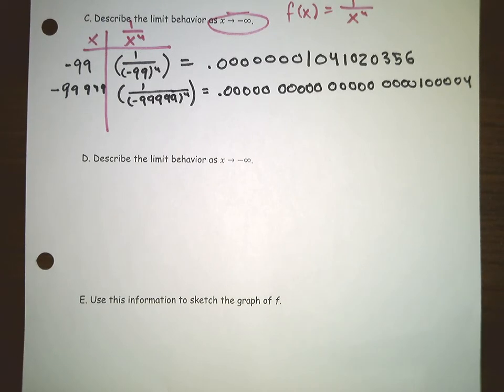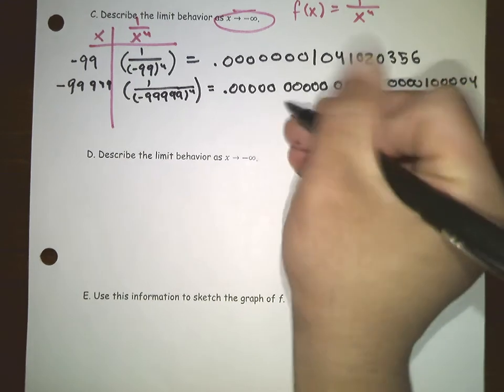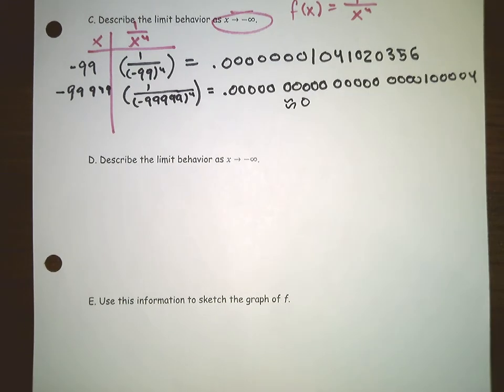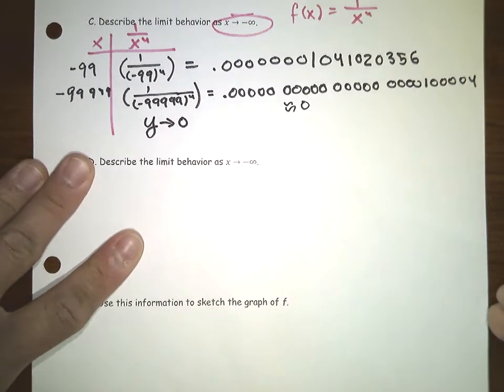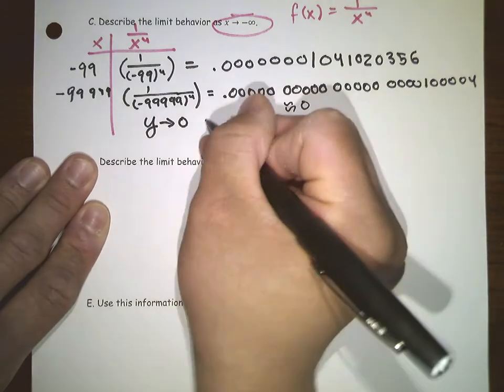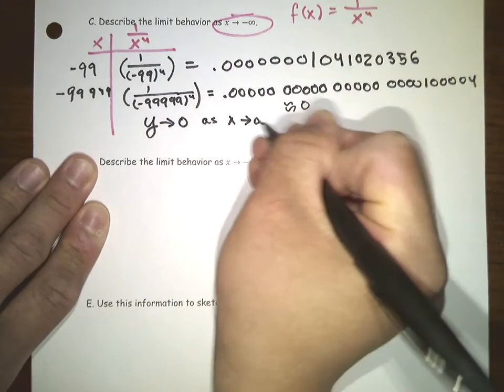I hope that at this point you can see that this is very small, very close to 0. So I feel like I can confidently say that y approaches 0 as x approaches negative infinity.